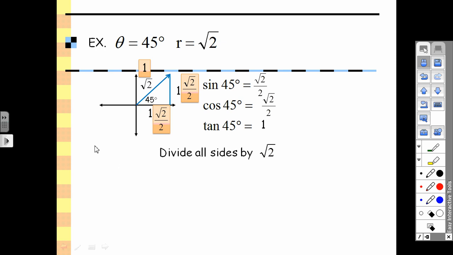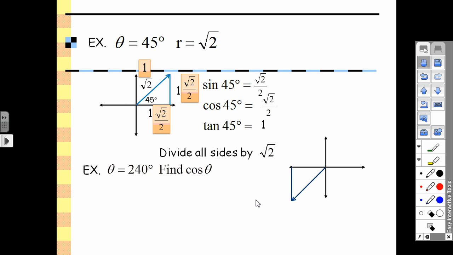All right, one last example. So if they give you an angle that's not in the first quadrant, you're going to find the reference angle and the reference triangle. We've talked about the reference angles before. So when you look at this, theta being 240 degrees, that's going to put us down here into the third quadrant.